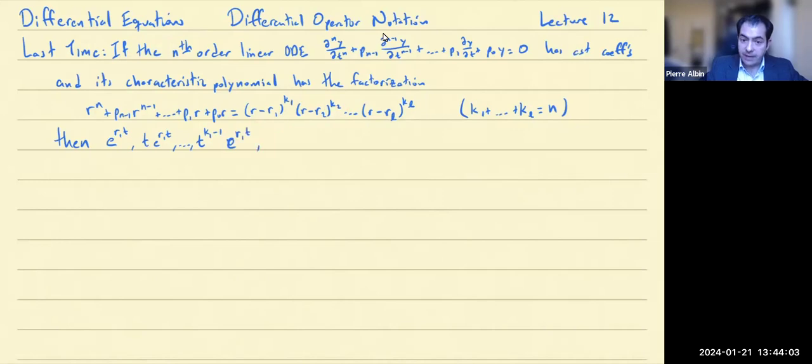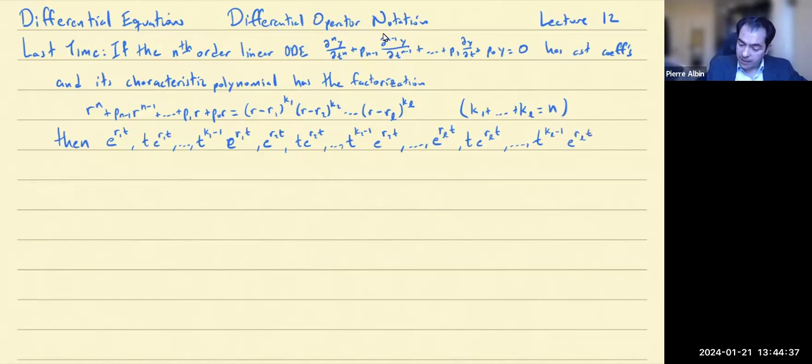Then the ones corresponding to r2 would be e to the r2 t, then t e to the r2 t, until you get to t to the k2 minus 1 e to the r2 t, and so on until rl, you'd have e to the rl t, t e to the rl t, and so on until t to the kl minus 1 e to the rl t. Right? So there we go.